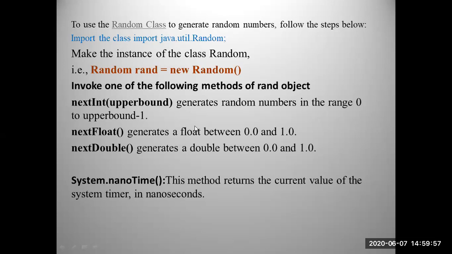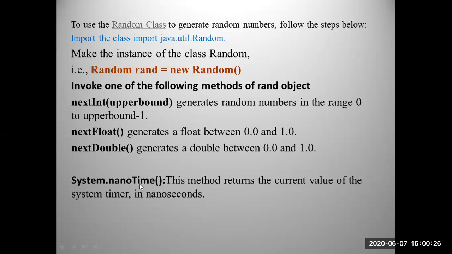And again, here I'm using a method for calculating the time taken, and the method I'm using is System.nanoTime. So observe here, System with capital S, and you are taking the input from your system. Dot nanoTime is a method, with capital T. This method returns the current value of the system timer in nanoseconds.